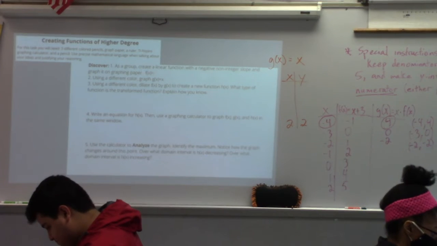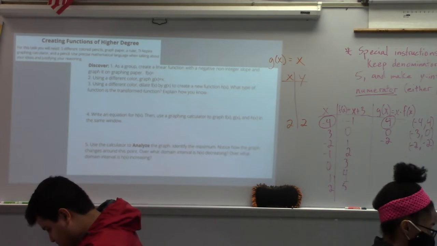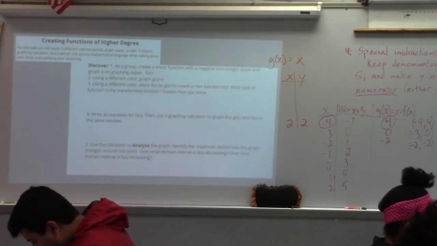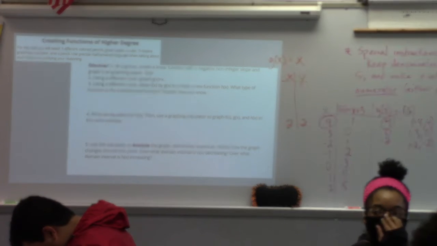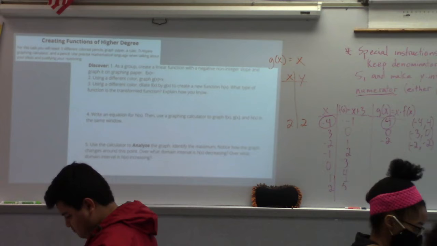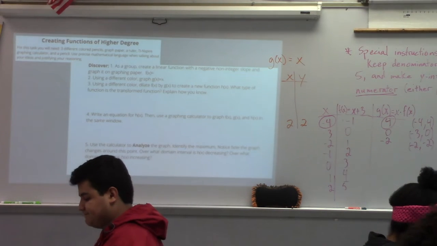Right? So if I'm looking at g of 2, because the x value is 2, so 2 is my input, that means 2 is also going to take the place of x. So what's my output? Literally, what is it equal? 2. So what's the output?